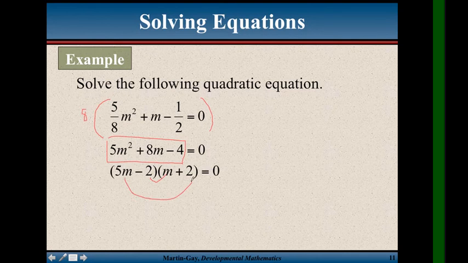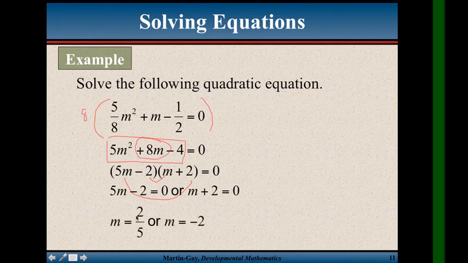So negative 2m plus 10m is positive 8m. Okay. So the values for m, 5m minus 2 and m plus 2. So we have m equals 2 over 5 and m equals negative 2, right?